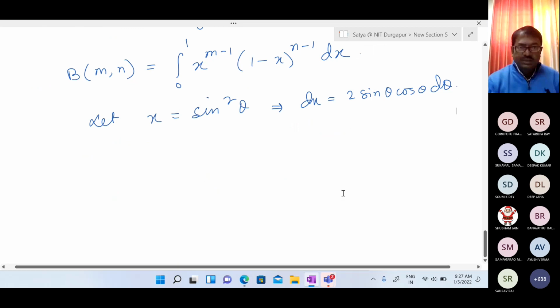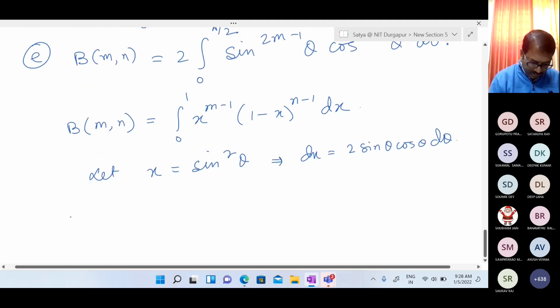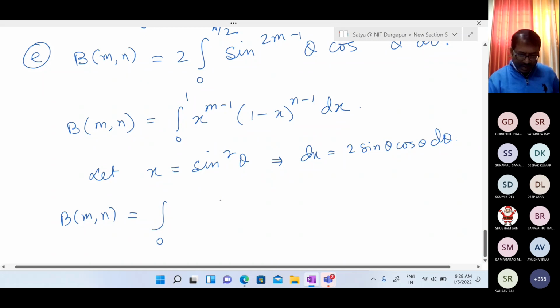We are starting from the definition. So this beta m comma n is converted to the integration from 0 to, and when x equal to 1, you see theta equal to pi by 2. So we can write the limit pi by 2. And now x equal to sine square theta.